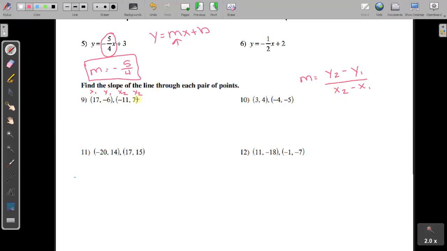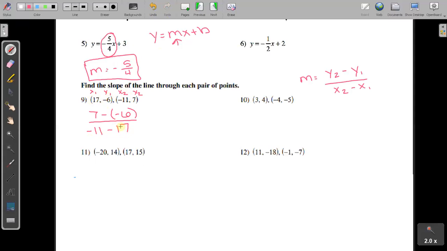So for our formula, we're going to take the second y, which is 7, and subtract it from the first y, which is negative 6. Then we're going to divide it and have the second x, which is negative 11, minus the first x, which is 17.